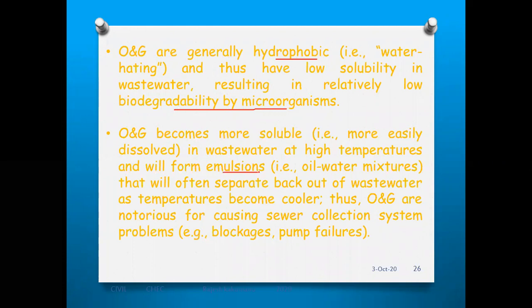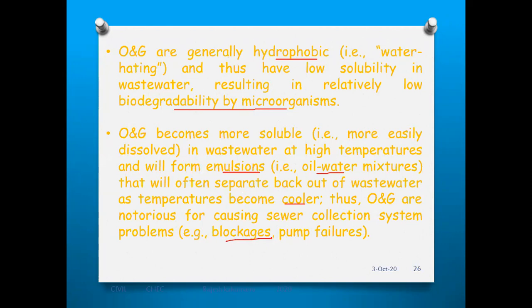So whenever the wastewater is at high temperature, oil and grease dissolves in the water with that heat. It forms an emulsion, like oil-water mixtures, that will often separate back out of the wastewater as it becomes cooler. Thus O and G are notorious for causing sewer collection system problems. So what happens because of this?